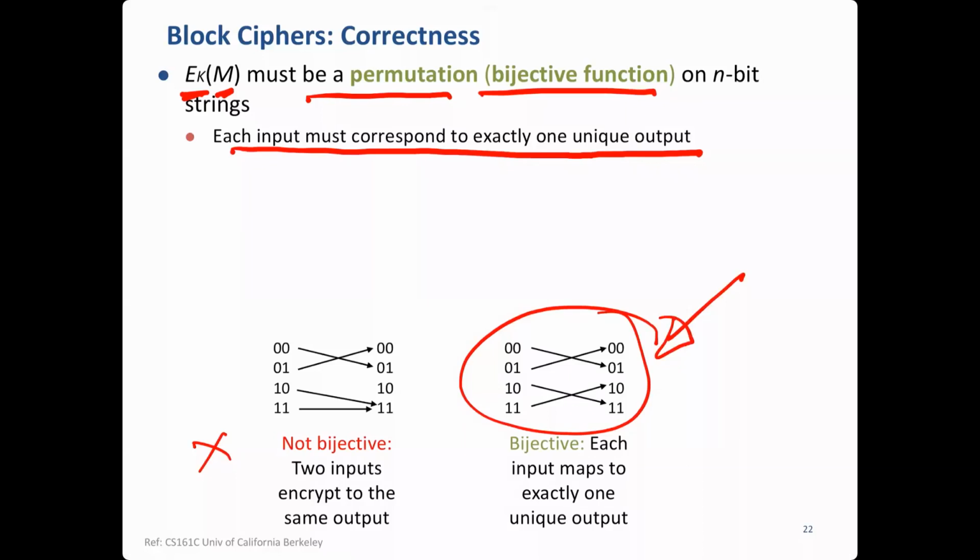Eve should not be able to distinguish between the two with probability more than half. So in simple words, when you do encryption using any key, the key being a random thing, the output of the encryption function should look absolutely random.